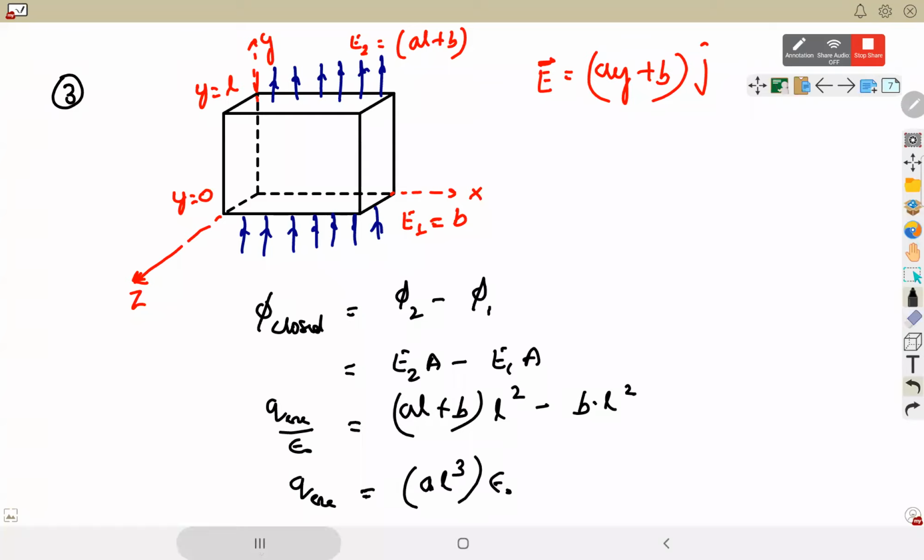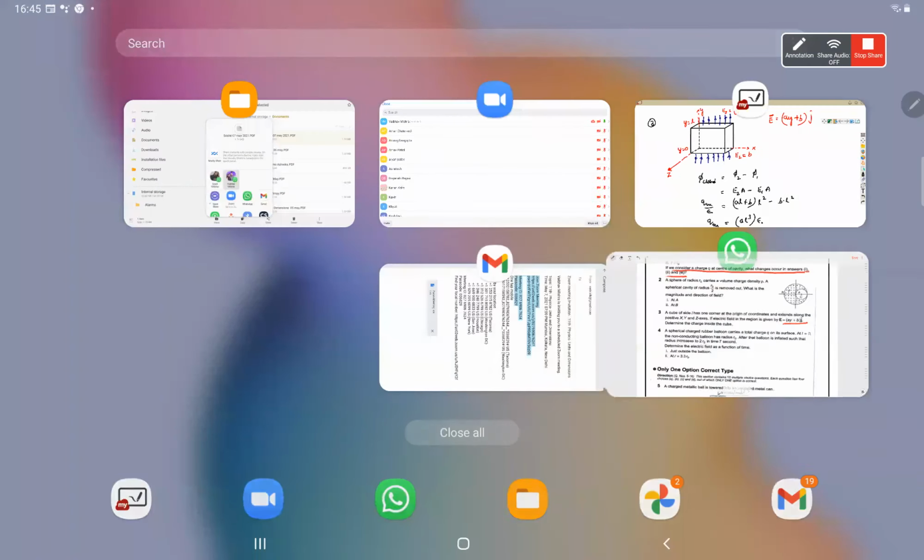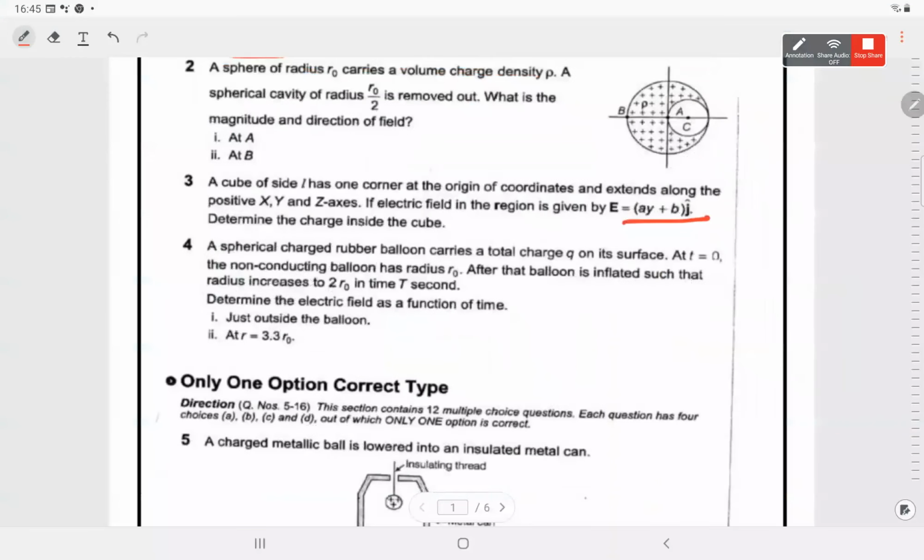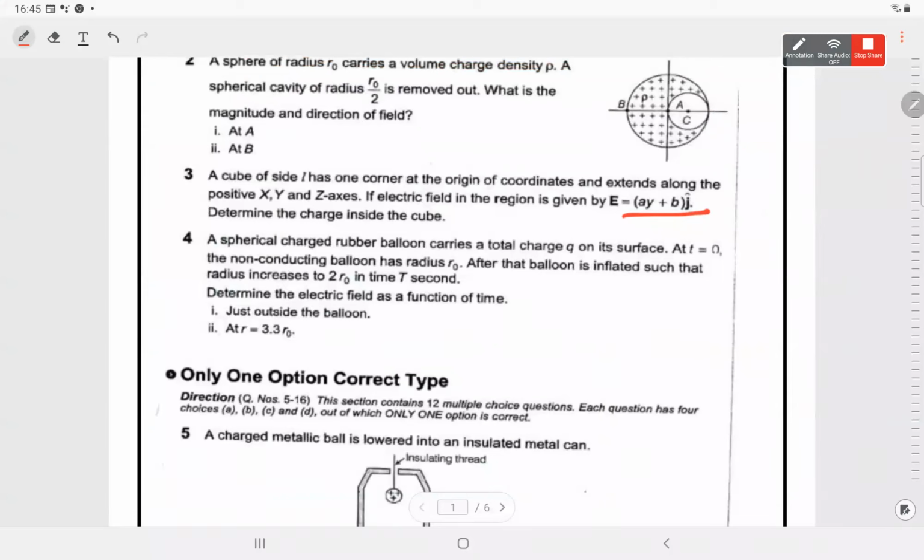Question number 4. A spherical charged rubber balloon carries a total charge q on its surface. At time t is equal to 0, the non-conducting balloon has radius r0. After that, balloon is inflated such that radius increases to 2r0 in time t second.